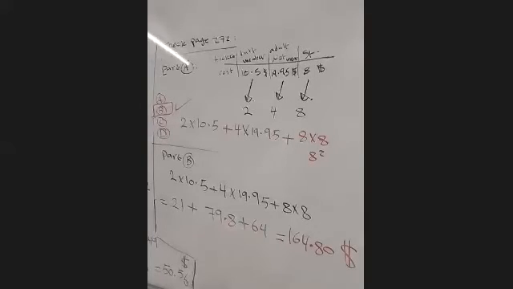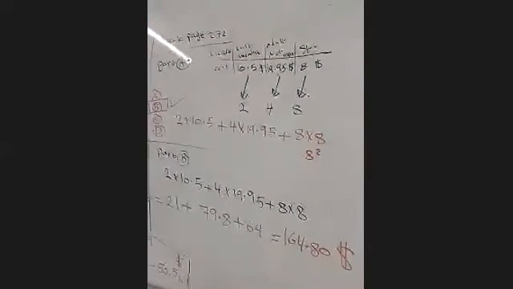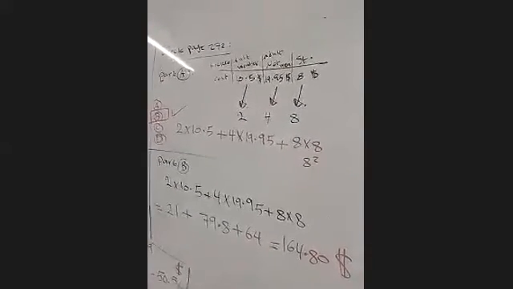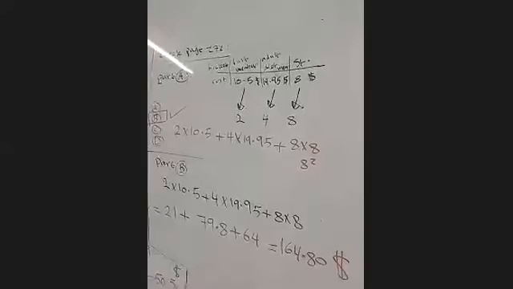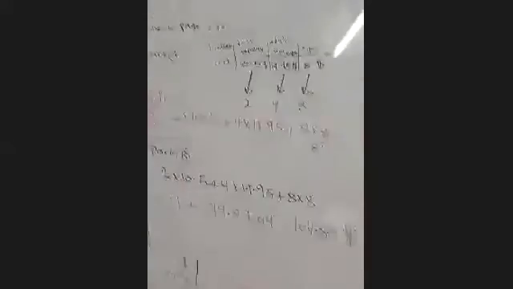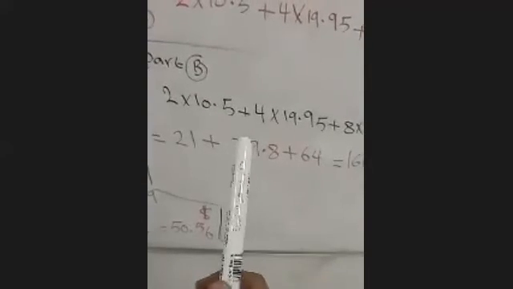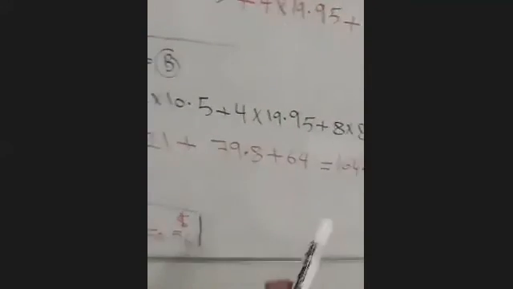Hussein, talk. I don't understand very well. Calculation. Which one? 2 multiply 10.5, guys. What's the matter? We did the decimals before.